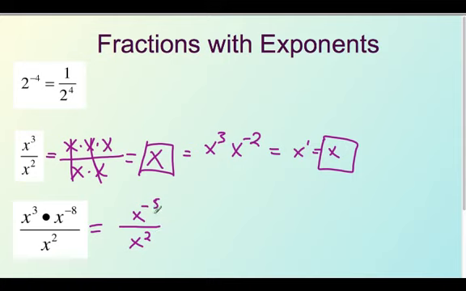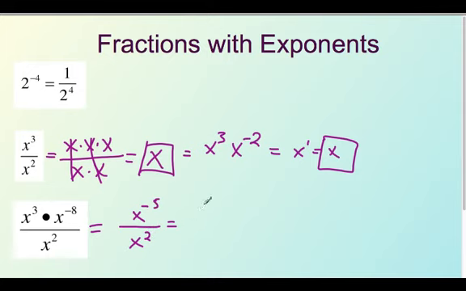So we're stuck here and we have to decide, what are we going to do with these? We want it to have a positive exponent in the end, we know that. And so if I take this x squared and move it to the numerator, it's going to become x to the negative 2 power, which is going to give me x to the negative 7 power, but that's a negative. We don't want that. So if I take the negative exponent and I move it to the denominator, then I'm left with positive exponents in the bottom.